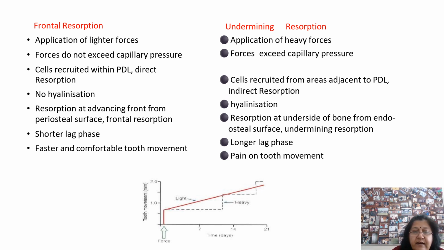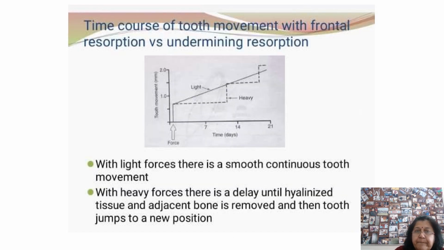So you can see in this graph that when light forces are applied, there will be a faster continuous tooth movement with shorter lag phases, whereas when heavy forces are applied, there will be periods of tooth movement which will stop till the hyalinized tissue is removed, and then again there will be a period of movement, so there is interrupted tooth movement. With light forces, there is smooth continuous tooth movement, whereas with heavy forces, there is delay until the hyalinized tissue and adjacent bone is removed, and then the tooth jumps to a new position, like I told you.